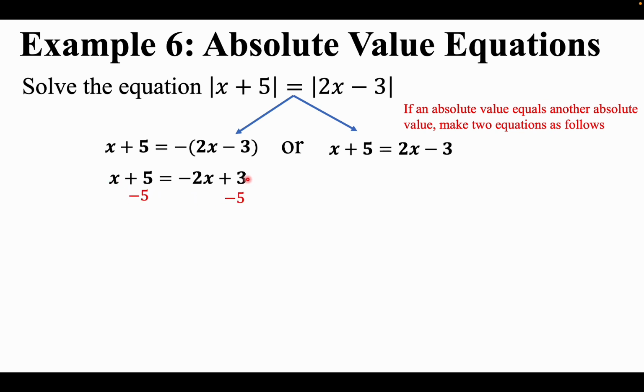So I'll subtract the 5. x equals negative 2x minus 2. And then we're going to add the 2x over to get 3x equals negative 2. The last step, because we're multiplying here, we have to divide by 3. So if we divide by 3, you get x equals negative 2/3.